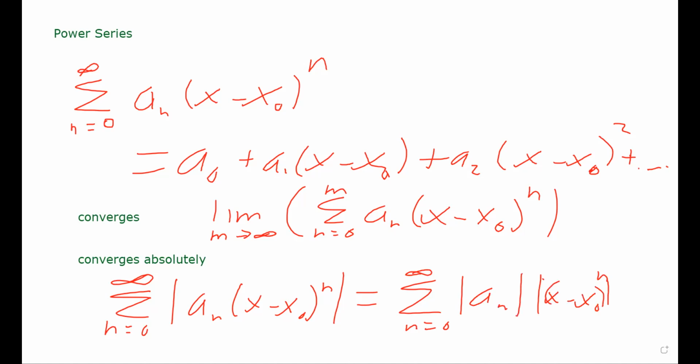If something converges absolutely, we know it's going to converge normally. Because if we have all absolute values, that's all positive things we're adding together. When we take away the absolute values, there might be some negatives, so we could possibly get a smaller sum when we're done. But be careful: whenever something converges normally, it might converge absolutely, it might not. We don't know, so we can't say anything. So converging absolutely means it converges, but converging doesn't say anything about converging absolutely.